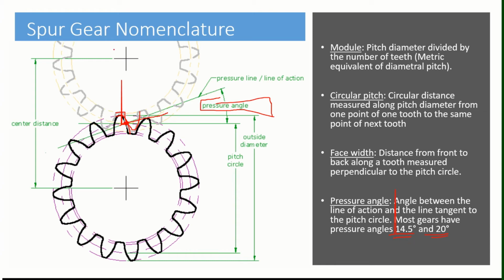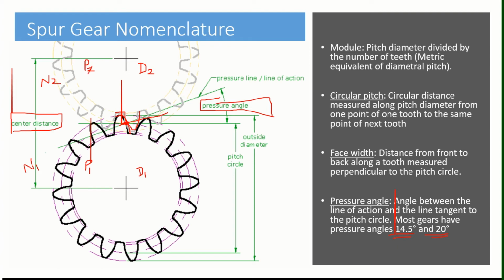And also, in order to have a perfect meshing between the two gears, the center distance is also important. And once we know the pitch circle diameters for both these gears, let's say D1 is the pitch circle diameter for the first gear, D2 is the pitch circle diameter for the second gear. Obviously, in order to have the perfect mesh, we need to have the diametral pitch P, and P1 and P2 should be identical, and N1 and N2 are, let us say, the number of teeth.